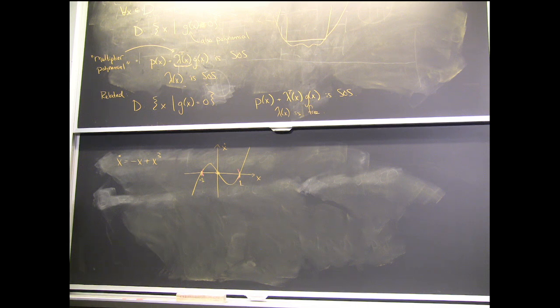Okay, so the first thing I could do is just say, can I prove that if v of x, there's many ways I could write it, but I'm going to choose to say, let's look at v of x is x squared. That was the example I gave you before.